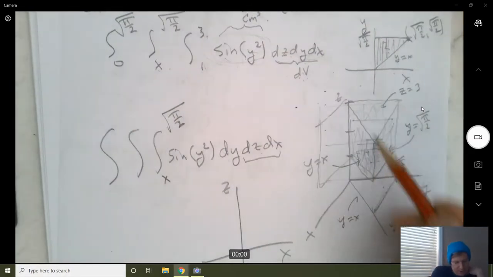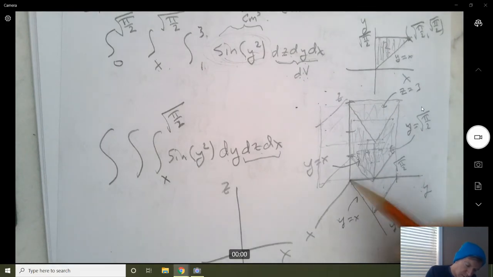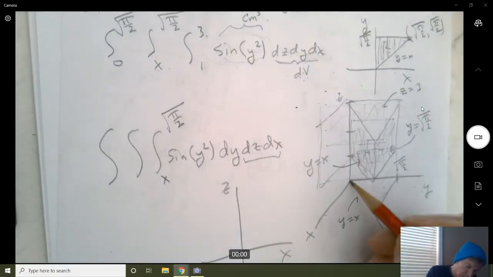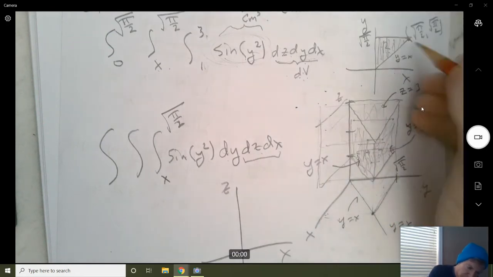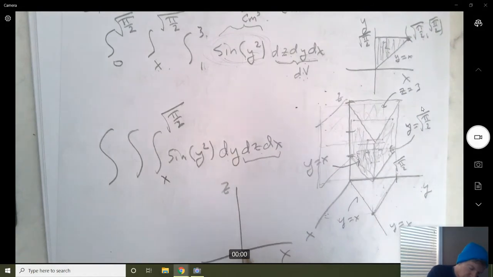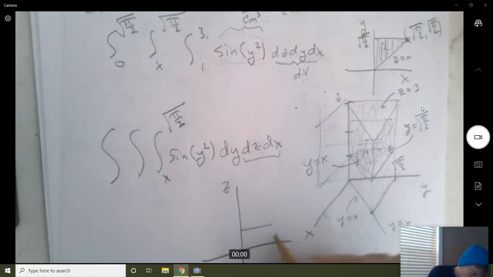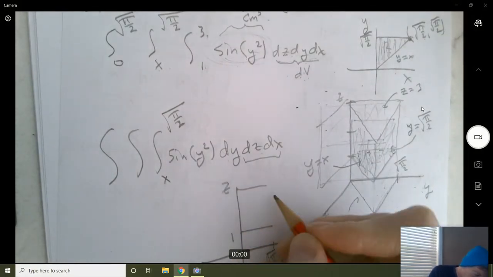Projecting this entire thing onto this, it's easier to draw here. Your x is going to go from 0 to this point right here, which, we know up here, is root pi over 2. So x goes from here to root pi over 2, and then our z goes from 1 to 3.